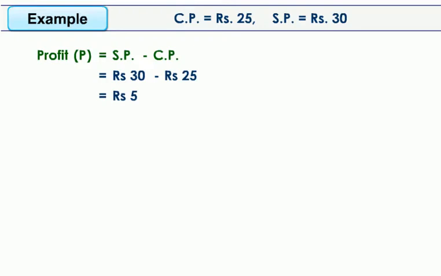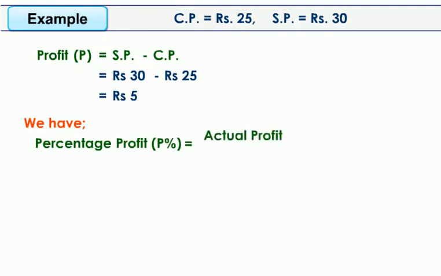The profit that a shopkeeper makes may be worked out in percentage. We have percentage profit is given by actual profit divided by cost price into 100%.